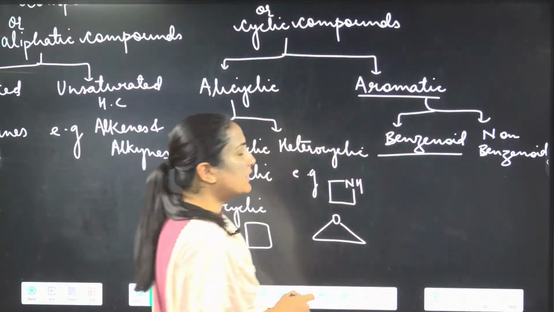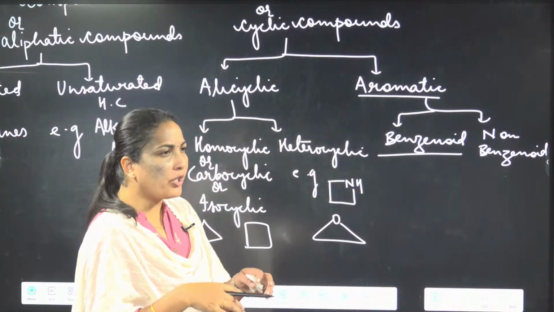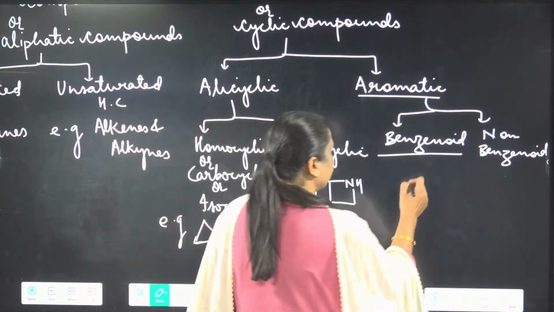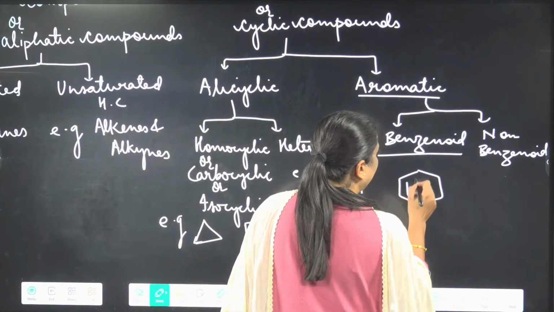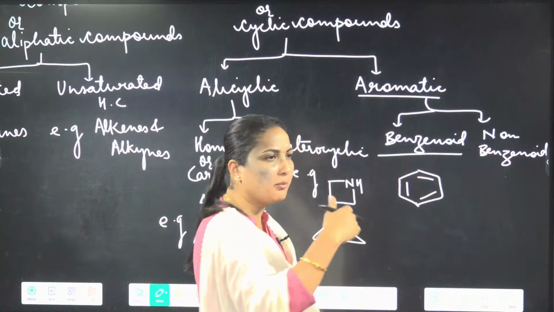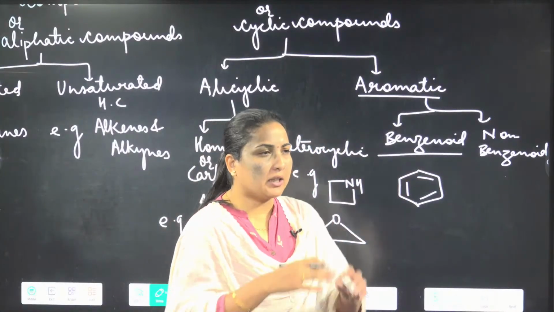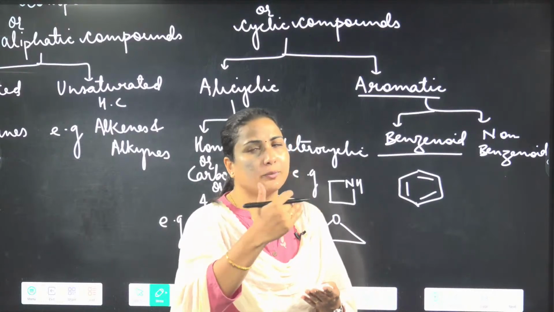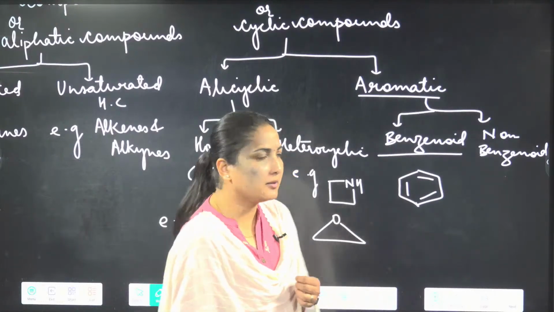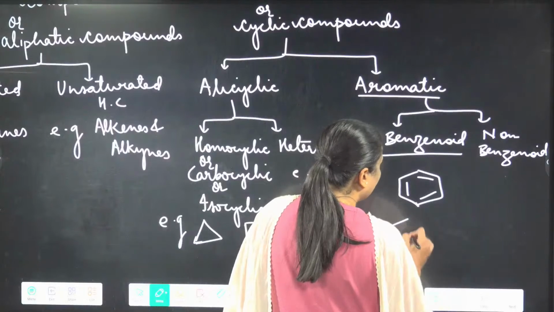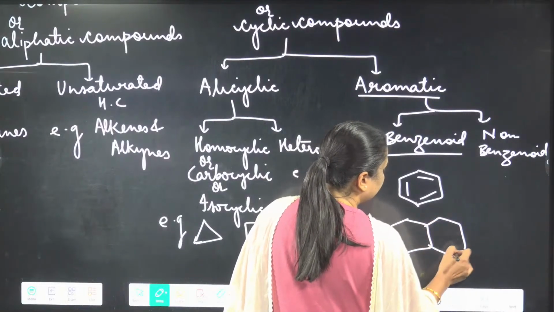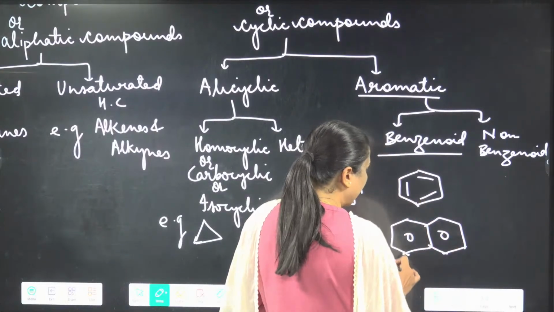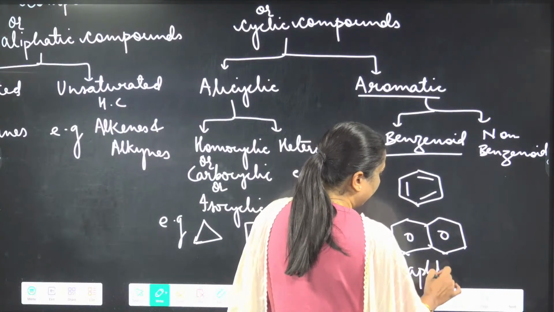As the name suggests, benzenoid means containing a benzene like ring. You have benzene which is aromatic. At present you just understand double bond, single bond, double bond like this. Otherwise there will be certain conditions on the basis of which you'll declare it aromatic or non-aromatic. Then suppose you have naphthalene. These are a few examples here. Naphthalene.